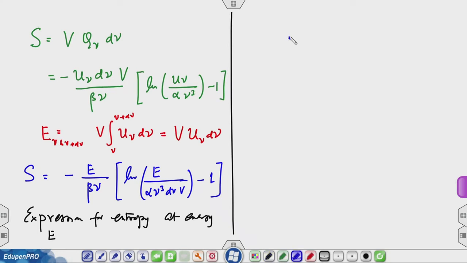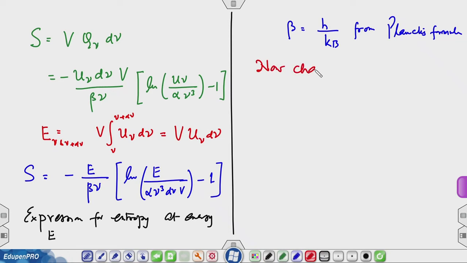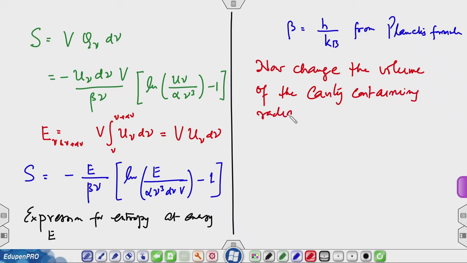Now recall that beta is nothing but h over kb from Planck's formula. So now, change the volume of the cavity containing radiation, without changing its energy, from V1 to V2.